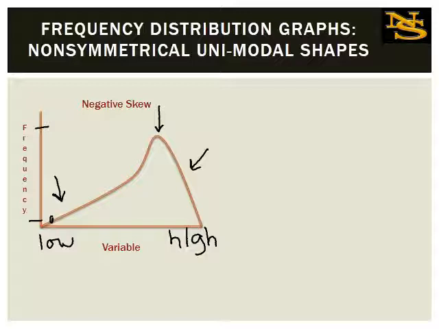A classic example of this would be any situation where the variable's values have an upper limit and low values are rare. A classic example would be GPA. GPA has an upper bound of 4 and a lower value of 0. If we think about it, with an upper bound of 4, it can't keep getting larger and larger.